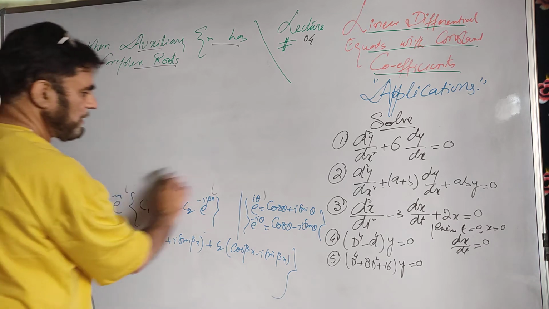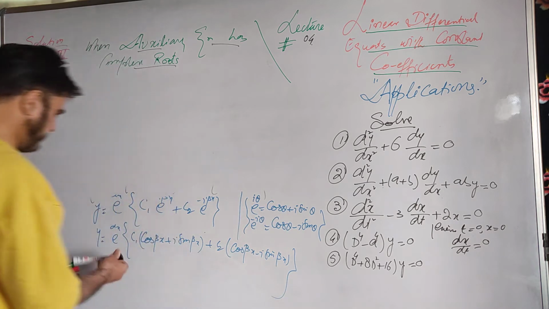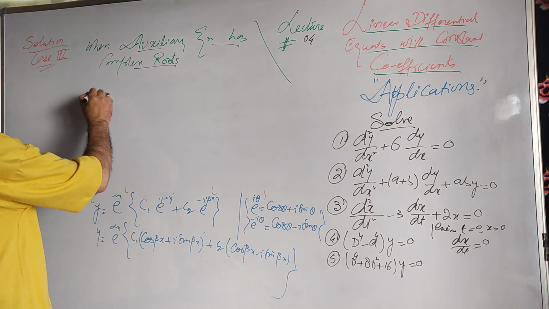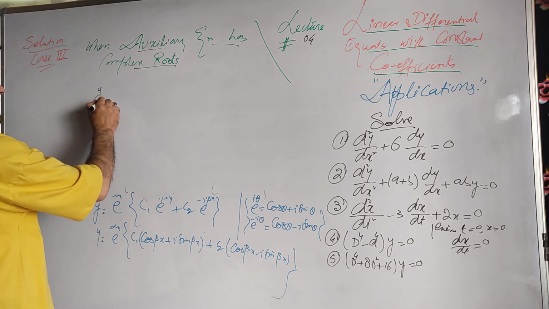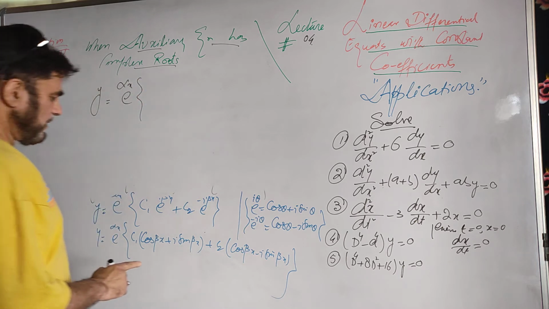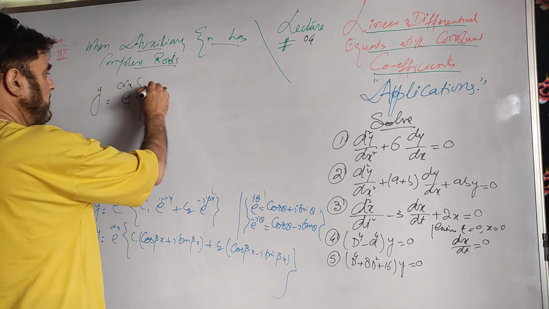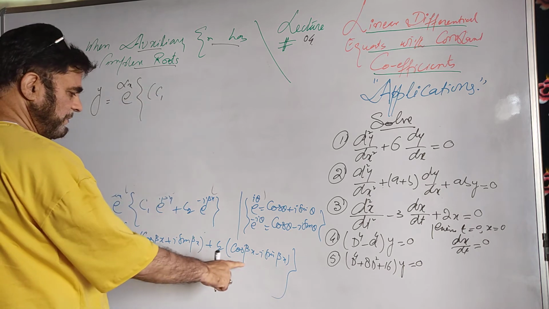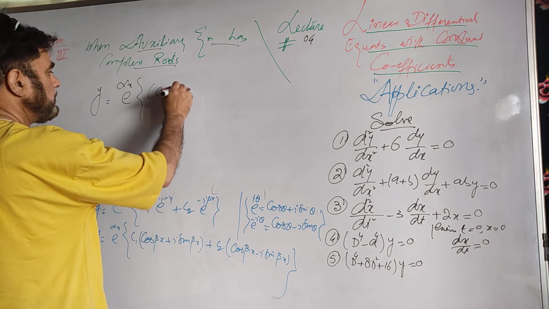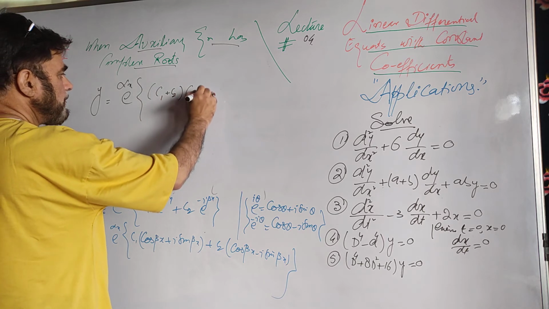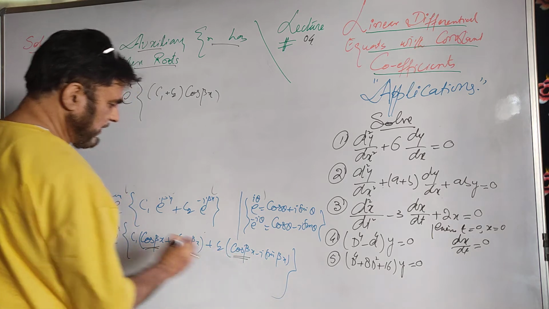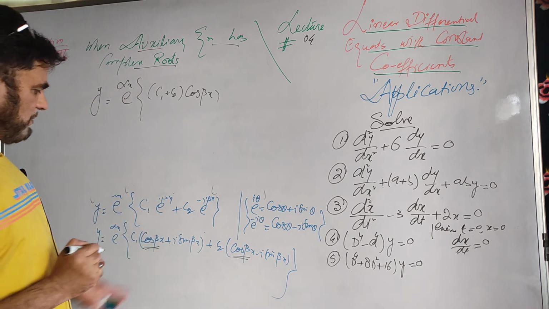You see this. Y is equal to e raised to power alpha x. Taking cos beta x common, it is c1 plus c2 times cos beta x.